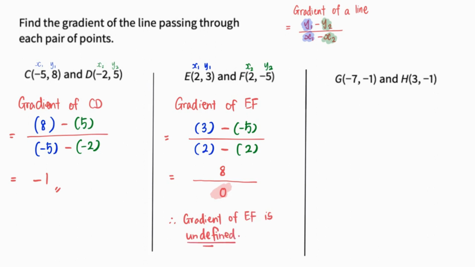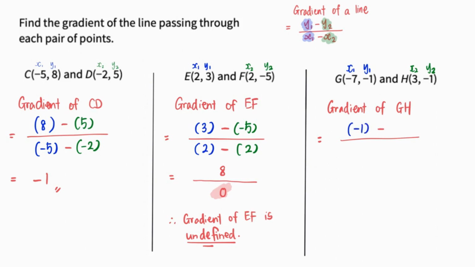Moving on to the last line that we are going to have, GH. I'm going to again replicate what I've done for the previous two lines. Again, I'm going to make sure I write down x1, y1, x2, y2, so that when I substitute into the formula and I put a bracket, I will not make careless mistakes.